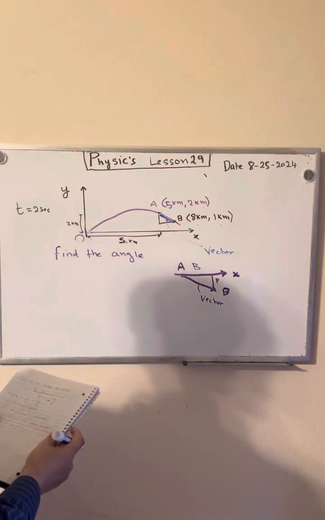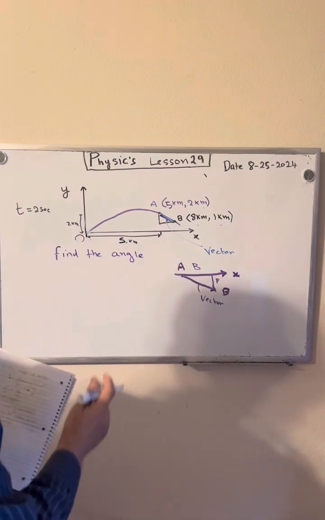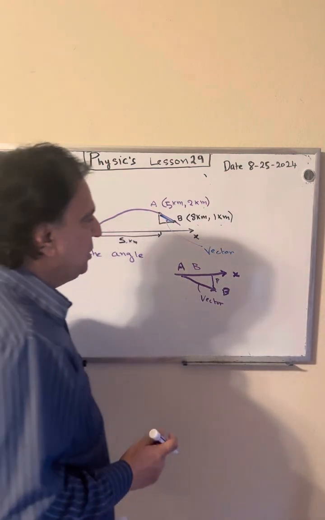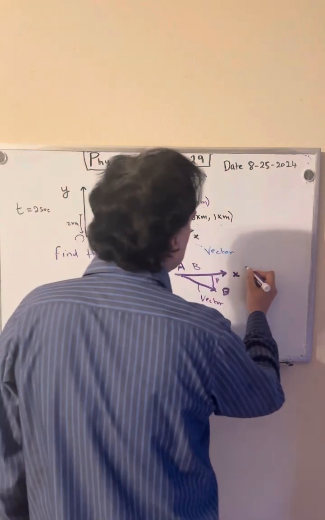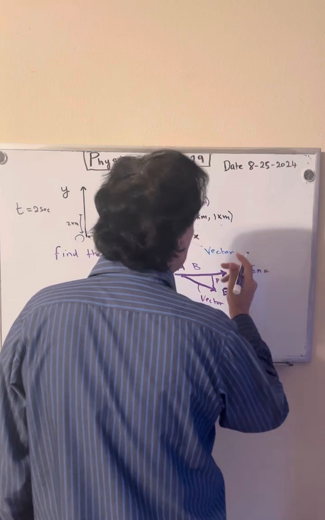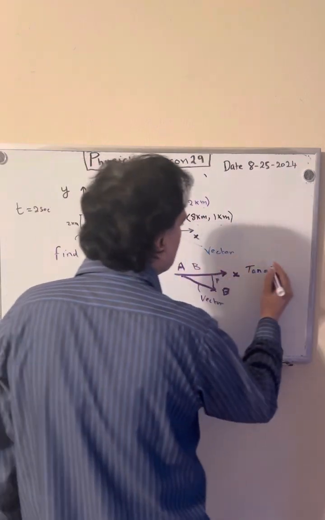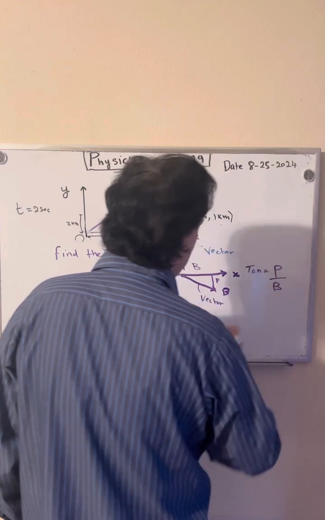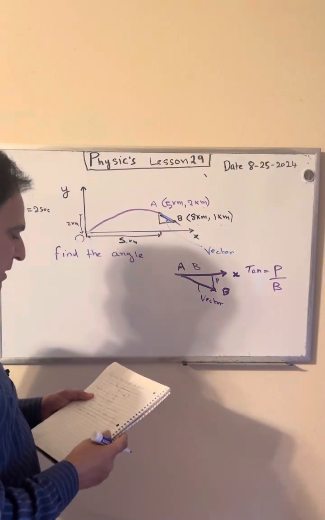So now I ask you, what is tangent? Tangent is perpendicular over base. Okay. So that is what tangent is.